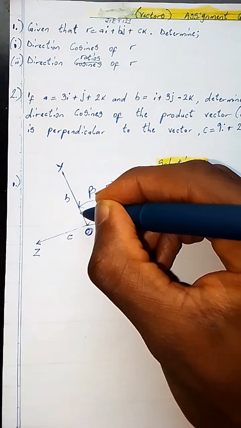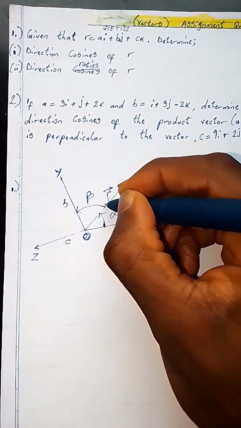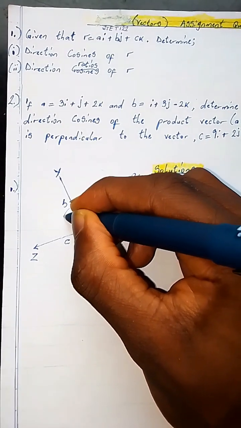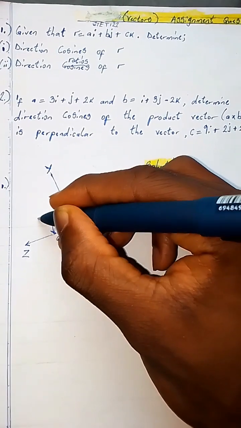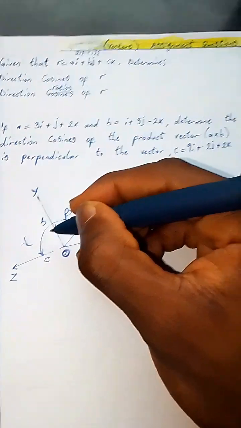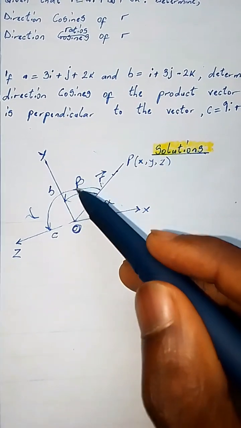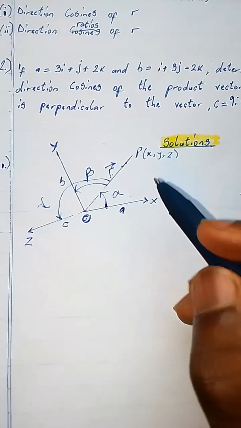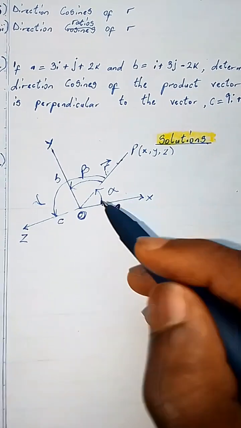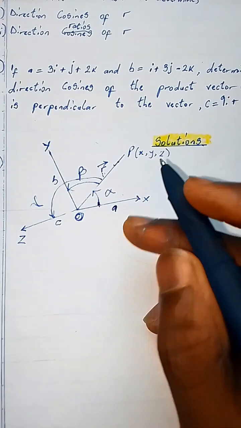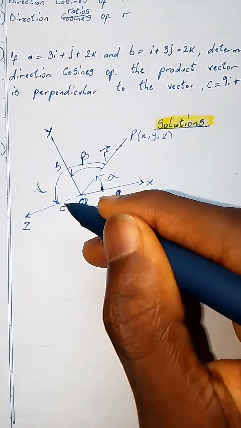When OP meets with the z-axis, it is going to form a gamma angle. So when OP meets with the y-axis, it forms beta angle, when it meets with the z-axis, it forms the gamma angle, and when OP meets with the x-axis, it forms alpha angle. One thing important here is that all of them are moving anti-clockwise.